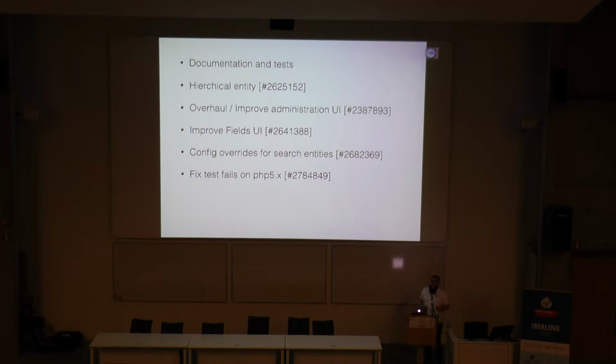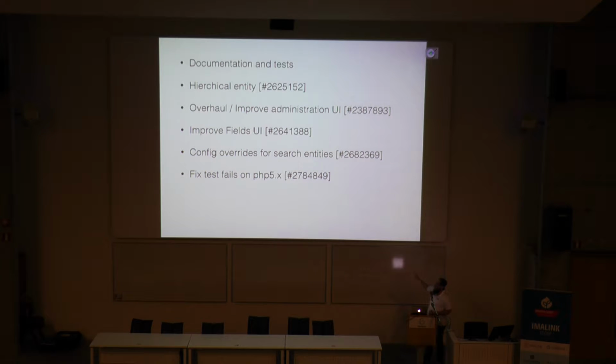So we should write better documentation and additional tests, because who doesn't like good documentation and good tests? There's also hierarchical entities, which I misspelled on this slide. The numbers are Drupal.org links. You can have a look if you want to help out. But hierarchies are to index the taxonomy and all the children and all the parents in one go.